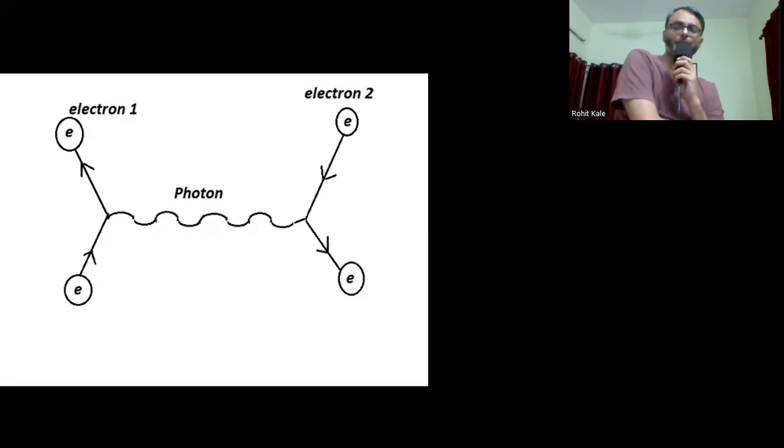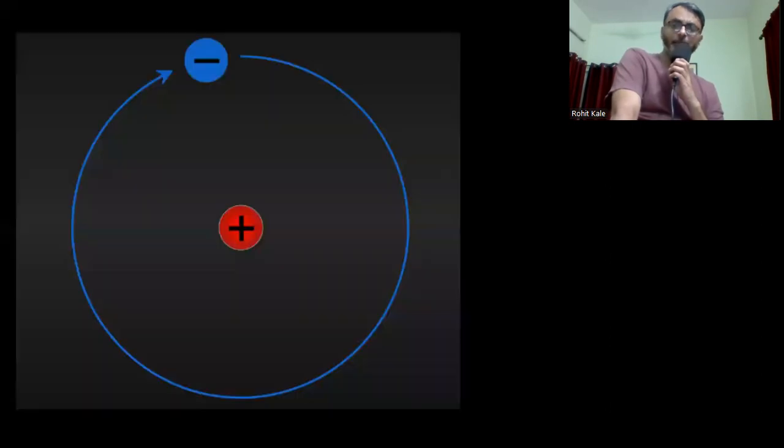Physicists say that you should not overanalyze it, because it is not exactly accurate, and it is just for understanding's sake. This diagram is actually more of an equation rather than a diagram. But still, what exactly this photon is, we don't know yet. What exactly is the process taking place inside? We don't know.